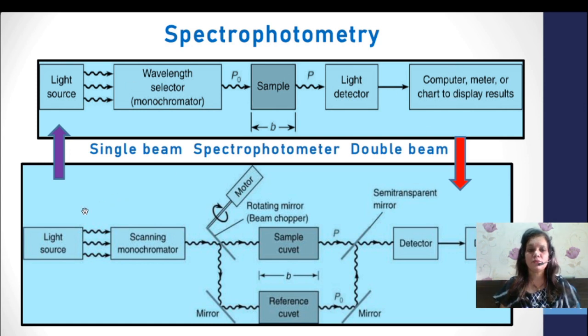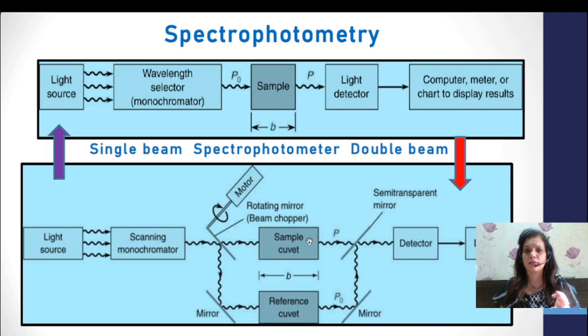Usually, a double beam spectrophotometer is utilized, where the beam of light from the light source and monochromator is passed through the sample solution as well as a reference cuvette. So you are putting in the sample solution twice. Here is your colored solution whose absorbance or transmittance you are interested in measuring.